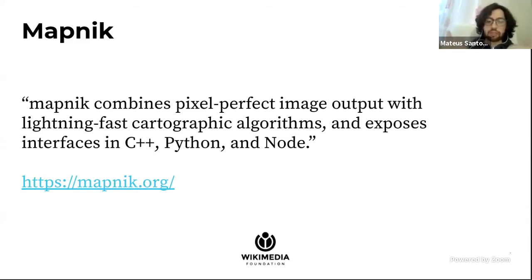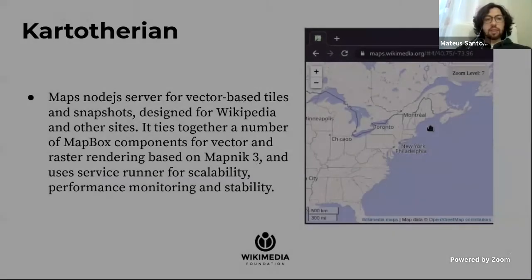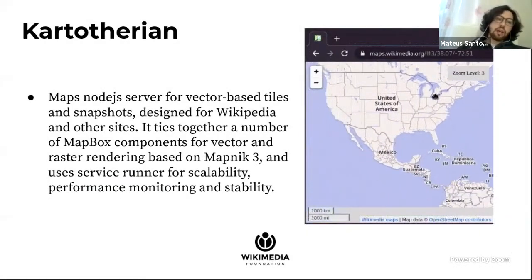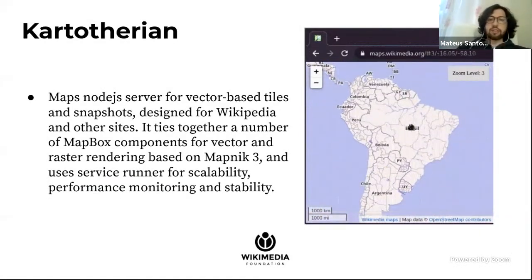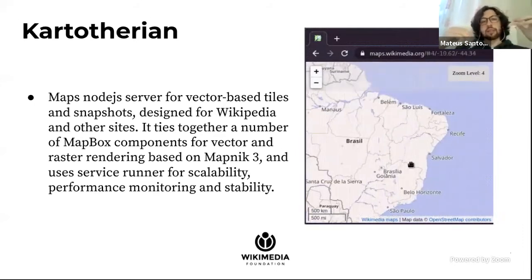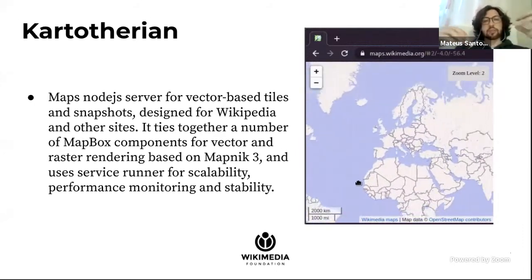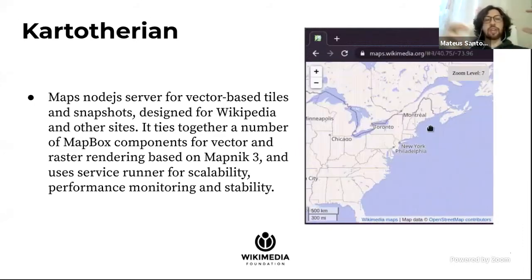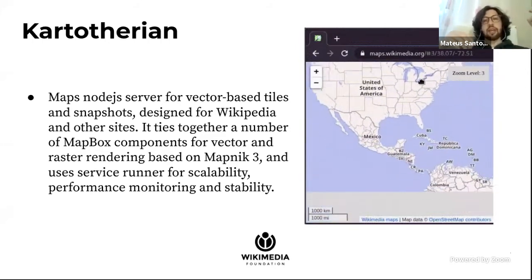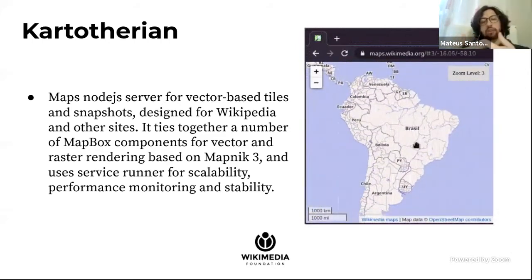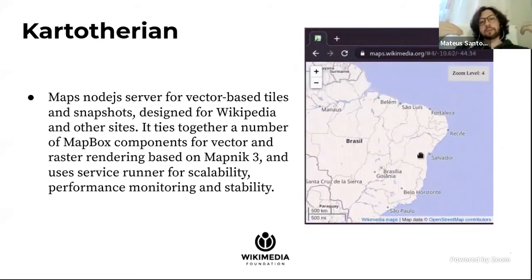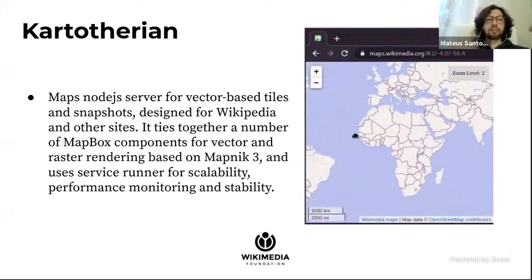Mapnik is used by Tilerator when we are generating pre-rendered tiles, and it's used also by Kartotherian when we are generating tiles on the fly. Kartotherian is a Node.js server, and it's vector based because we use Mapnik to generate binary, compressed data, so we don't need to store images in our databases.